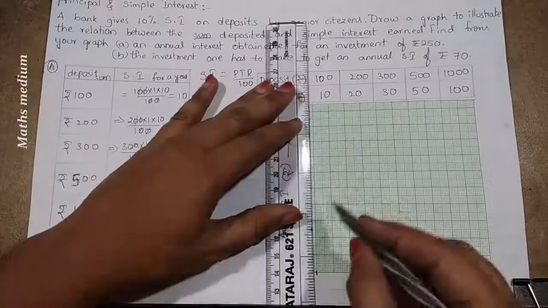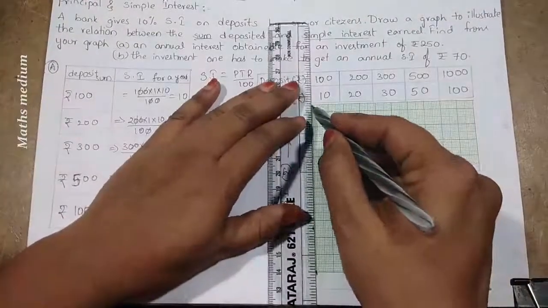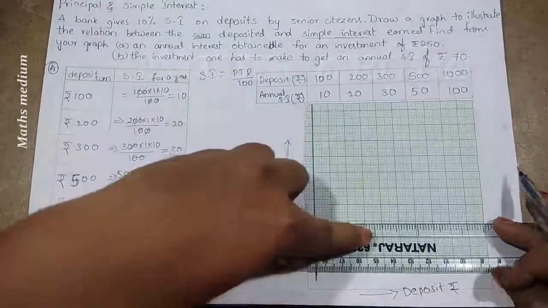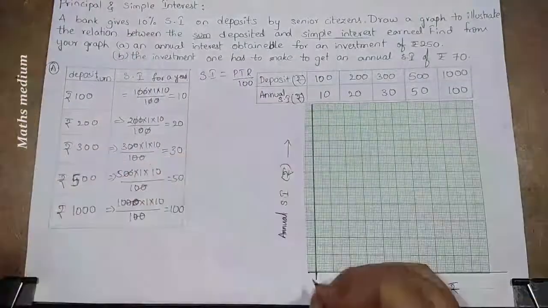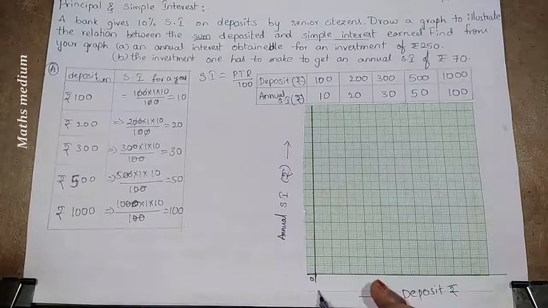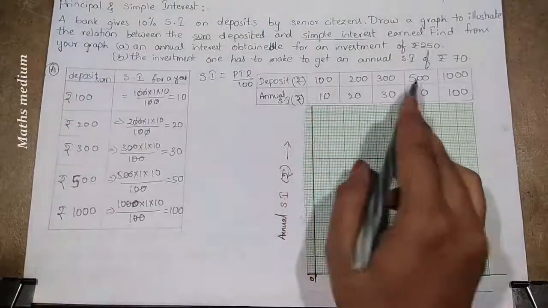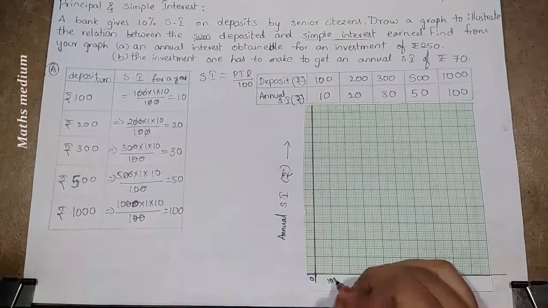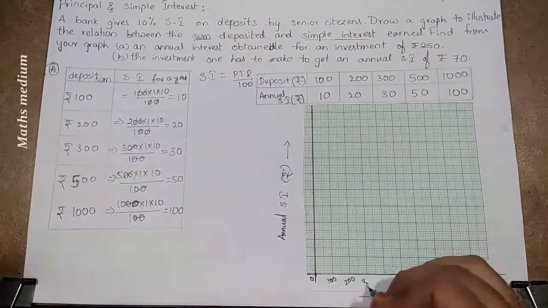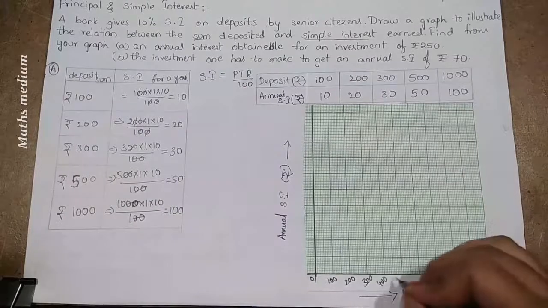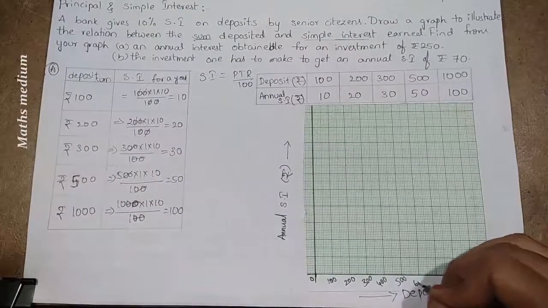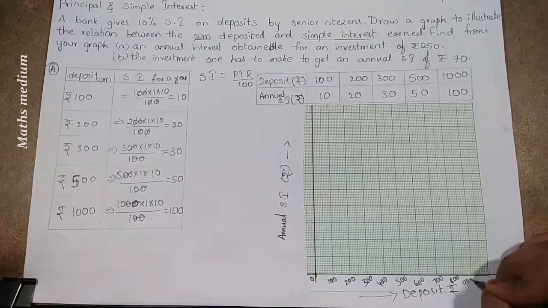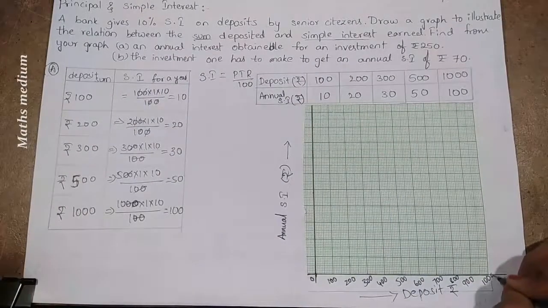So now take the axes first of all without any confusion. So this is the one and this is the other one. So this is the 0. Now deposits, right? 100, 200, 300, 500, 1000. So here also we are taking 100, 200, 300, 400, 500, 600, 700, 800, 900, 1000. Okay.